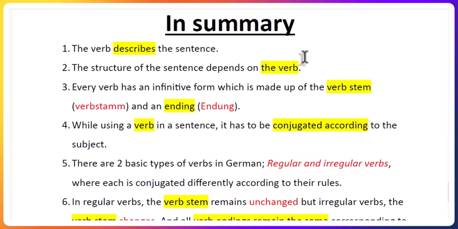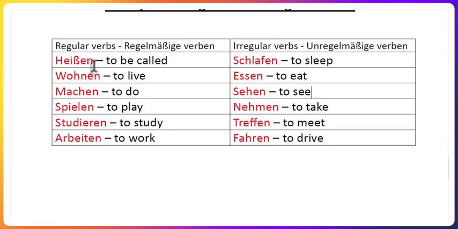It doesn't make sense. And then for every verb, it has the infinitive form, which is made of the verb stem and the ending, like heißen, wohnen. The verb stem is before the ending en or n, and the ending is en, okay.